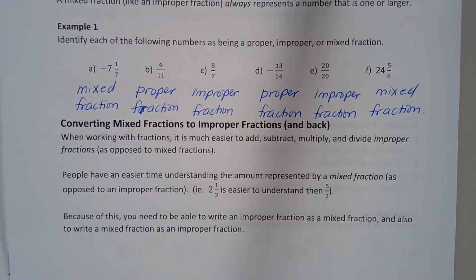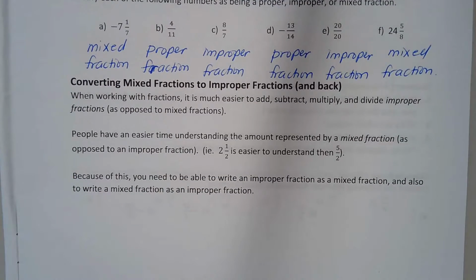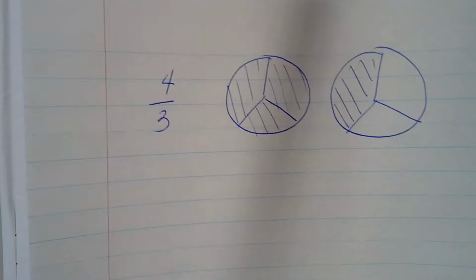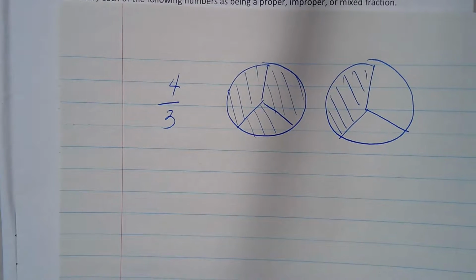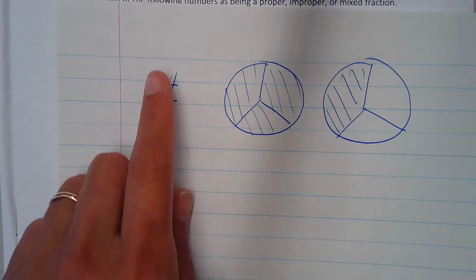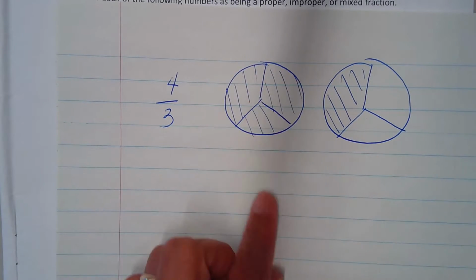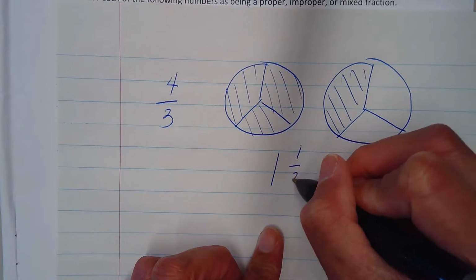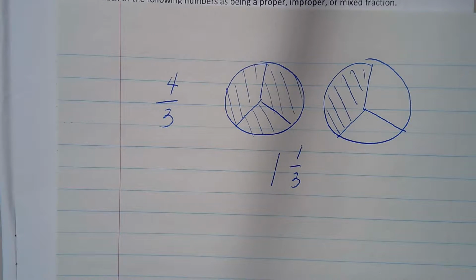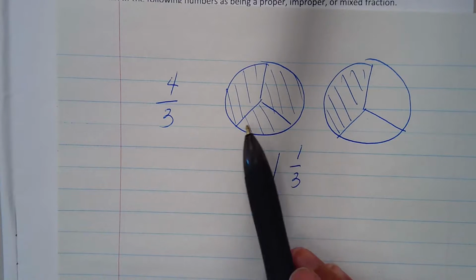Okay. Now, if you look at this one, 4/3, what's another way of saying this? I see that this is one whole thing and a third. Okay? So when we look at the visual picture of 4/3, it looks like this.